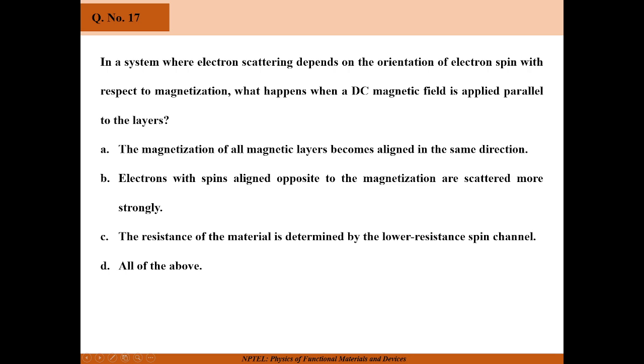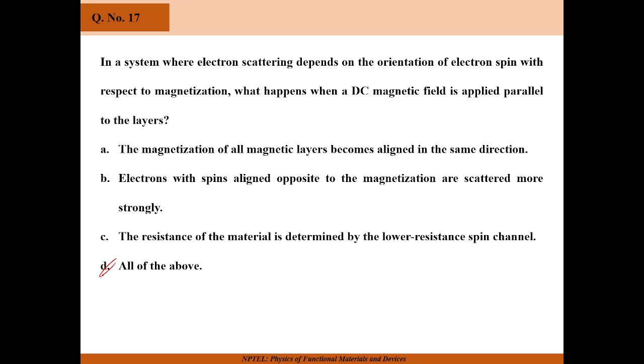Which one do you think is the correct answer? Yes, option D is the correct answer. The magnetization of magnetic layers becomes aligned in the same direction, which is what tries to happen when there is a magnetic field. The electrons with spins aligned opposite to magnetization are scattered most, and that also happens in the system.